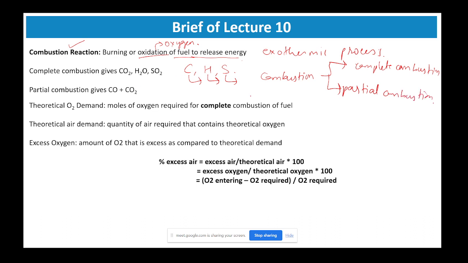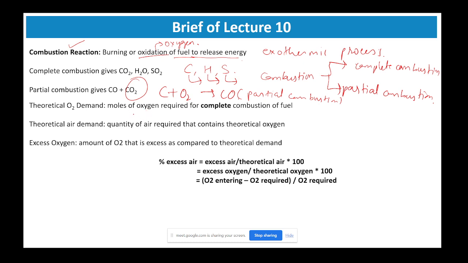So if partial combustion occurs, then C reacts with oxygen to give CO. Actually you need to balance, right now I am not balancing. This is for partial combustion because oxygen is limited. What does partial combustion mean? Oxygen is limited. And if I want complete combustion, then it will give me CO2.